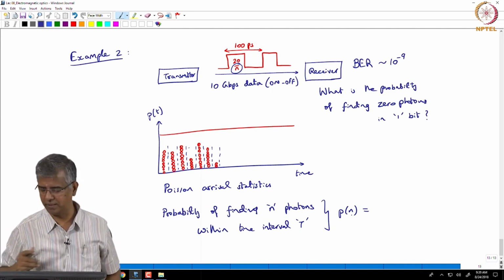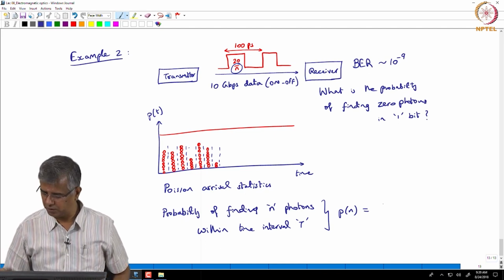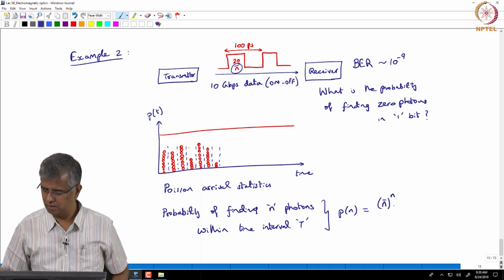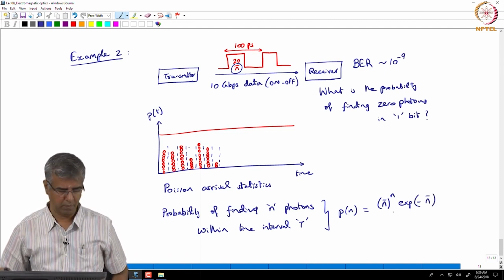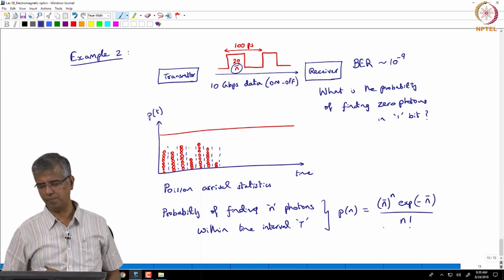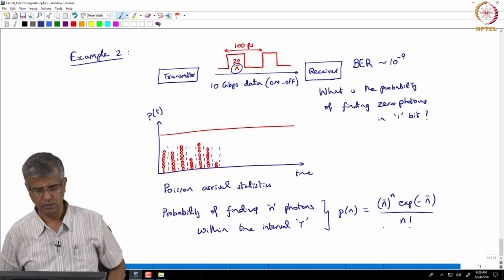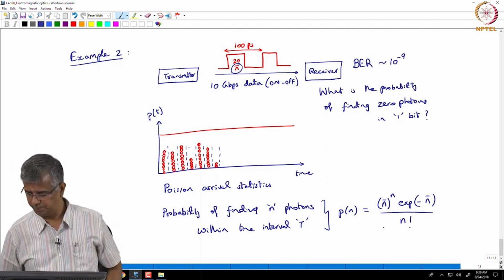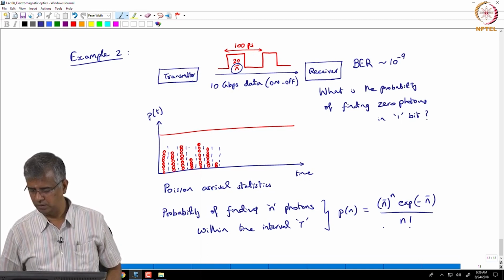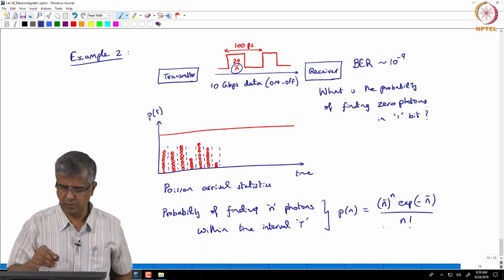That is what we are tracking, and that for Poisson statistics works out to be n bar to the power of n, exponential of minus n bar, divided by n factorial. So this is basically the Poisson statistics.